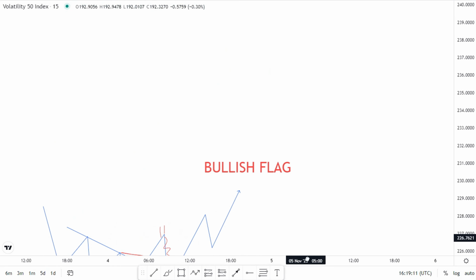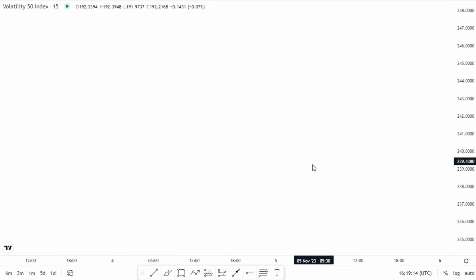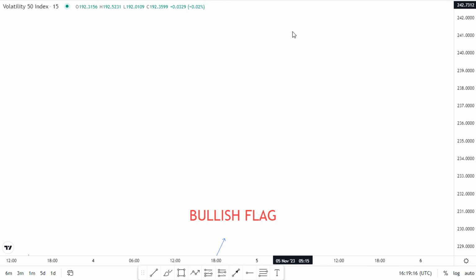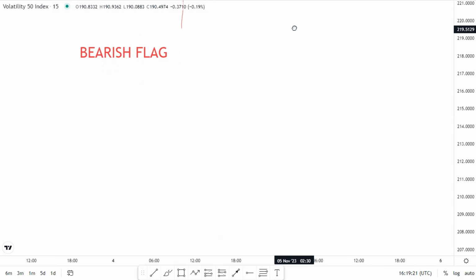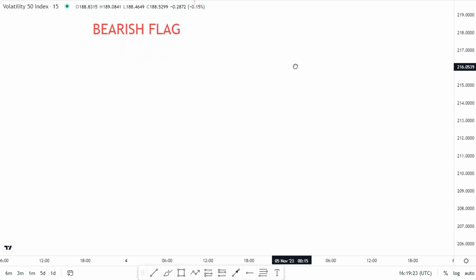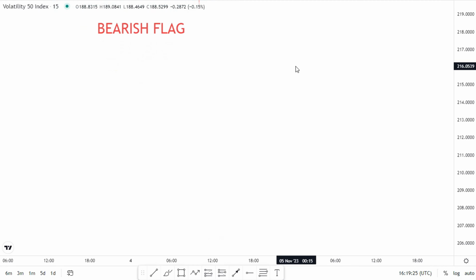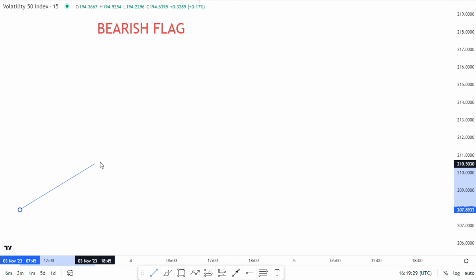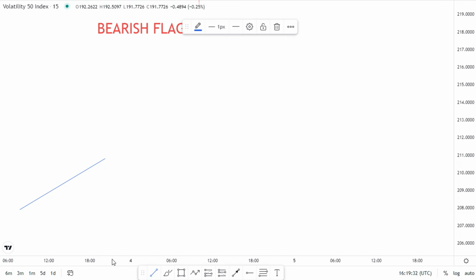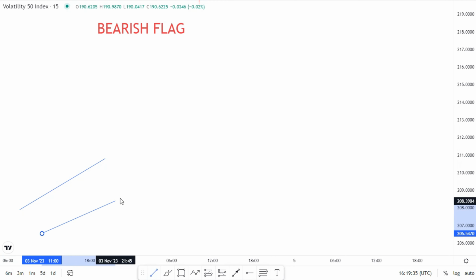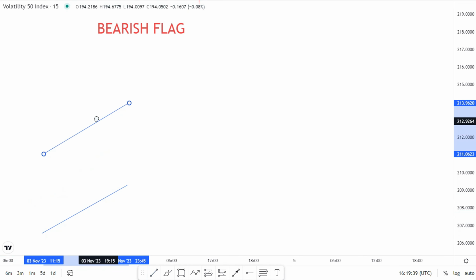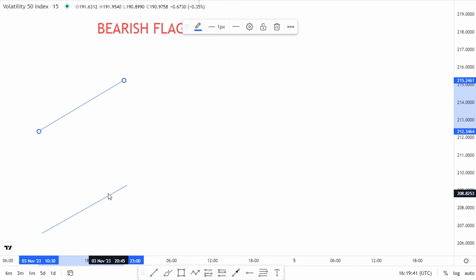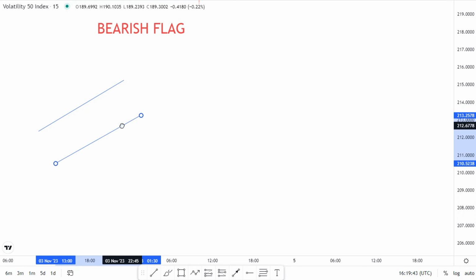Now let us check on the other scenario, the bearish flag. On the bearish flag, it's the vice versa of the bullish flag. So we have this flag rising up like this. We'll put it here, and we'll put this one here.